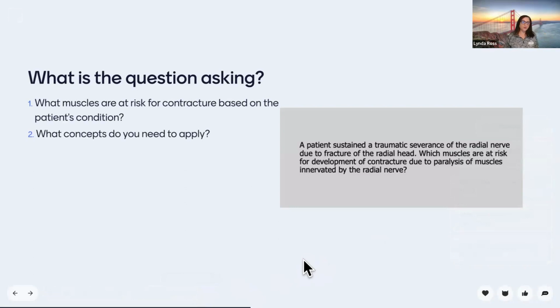Okay, so it even goes all the way back to PT fundamentals when you learned about positioning to prevent contractures, and therapeutic interventions when you learned about contractures. So, what concepts do you need to apply? Yes, we have to apply concepts that we learned from other classes. That means we're building all these tools in our toolbox, all these concepts that we're learning in other classes.